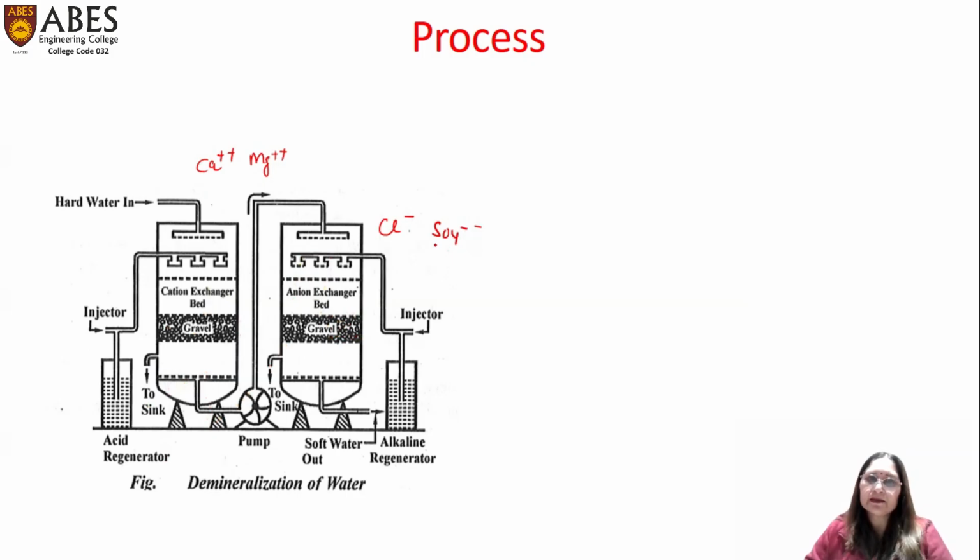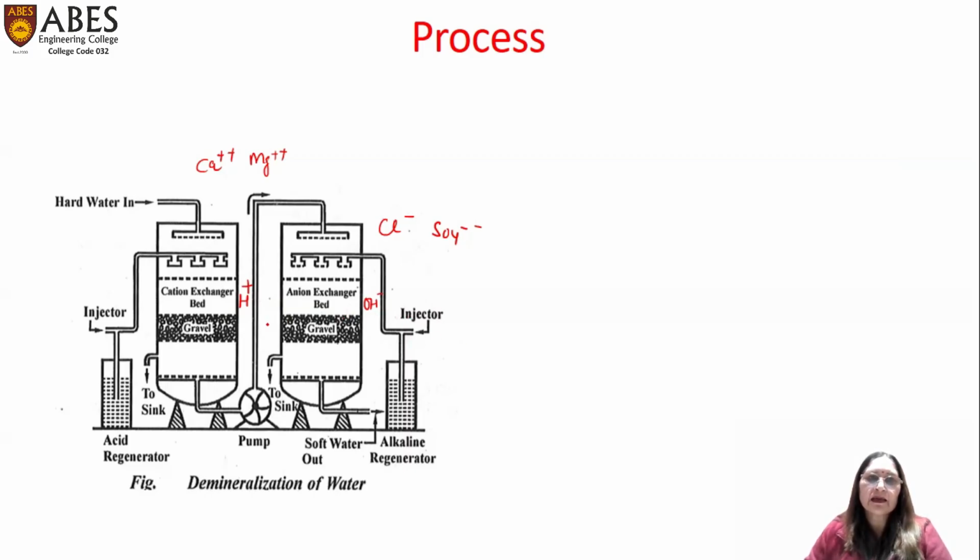All the anions, chloride and sulfate ions, are taken up by this resin. An equivalent amount of OH ion is released into this tank. This means the cation exchange tank releases the H+ ion and the anion exchange tank releases the OH ion.